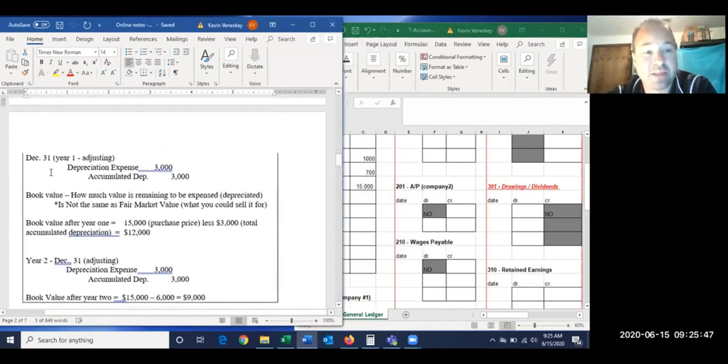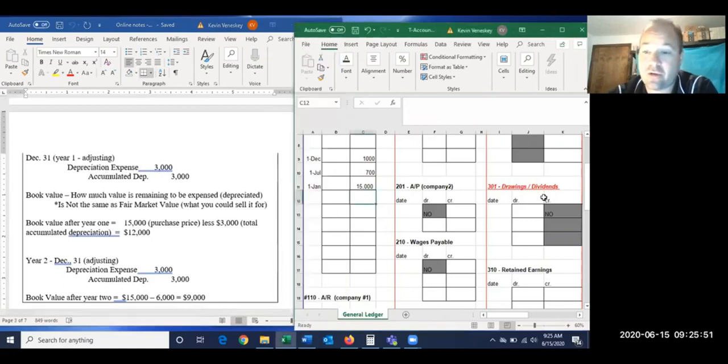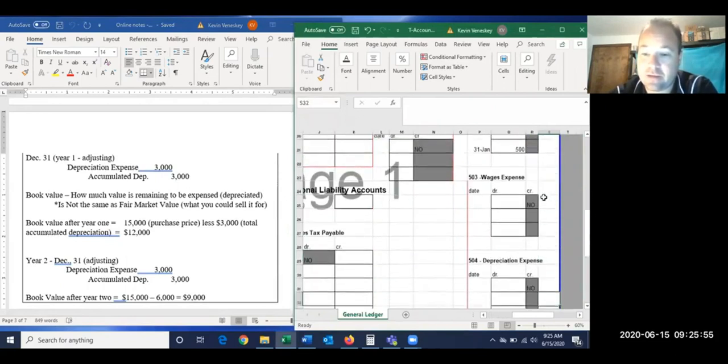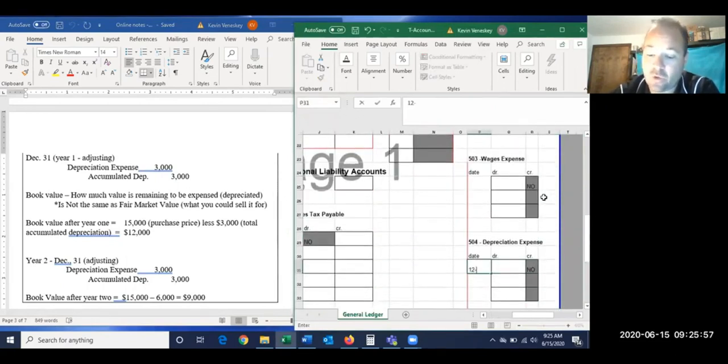So when I come down to December 31, my adjusting entry is going to show that, okay, I got the benefit of the expense. I come down here to 12/31, the end of the first year, 2020, put in 3,000. I got the benefit of my equipment.